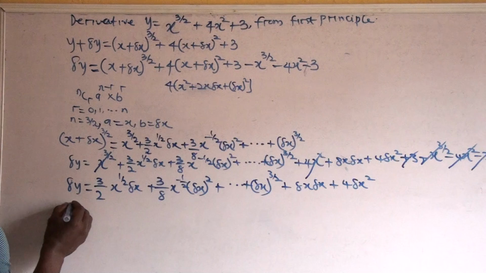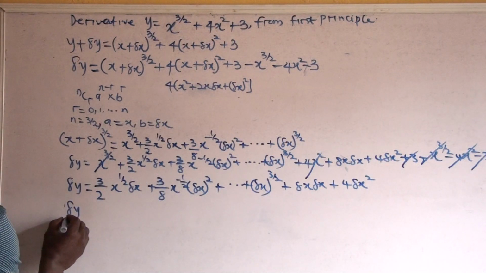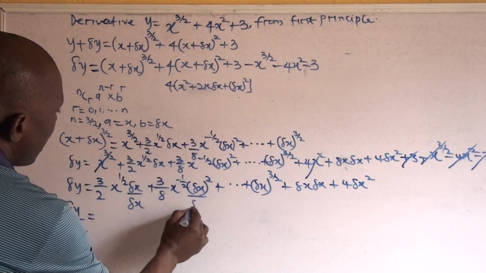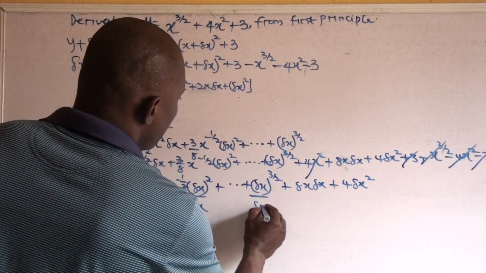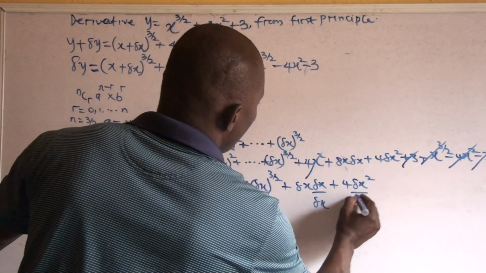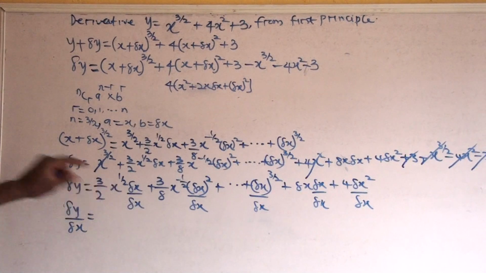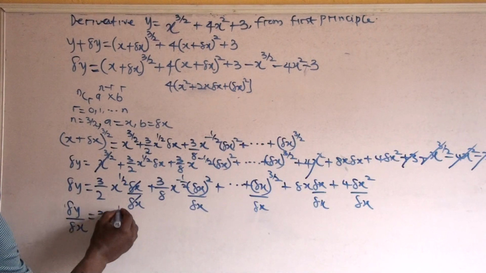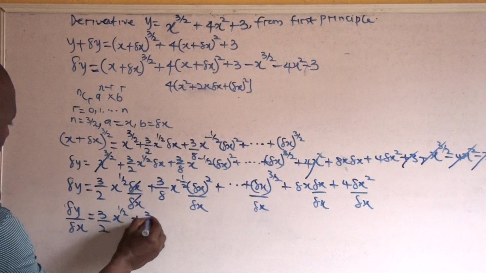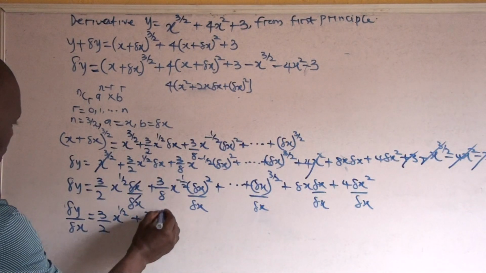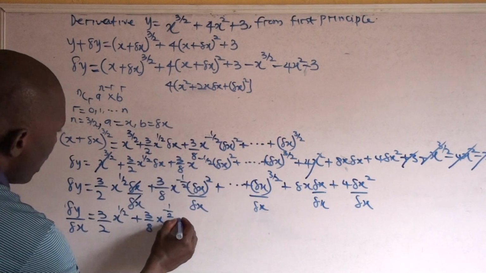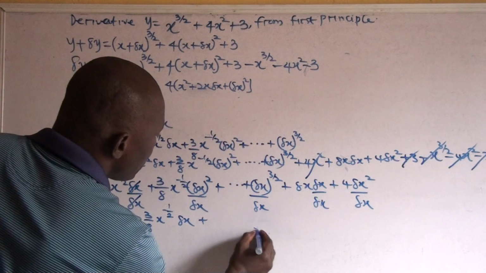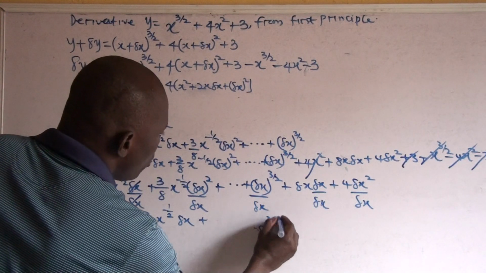The next thing to do is to divide both sides by delta x. So if we do that, this becomes delta y over delta x, and we divide this by delta x, we divide this by delta x, we also divide this by delta x, and this term reduces because this will go with this, and we'll be left with 3 over 2 x raised to power half plus 3 over 8 x raised to power minus half delta x plus, this is indices, delta x raised to power 3 over 2 minus 1.